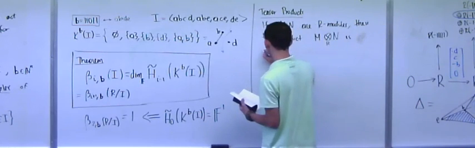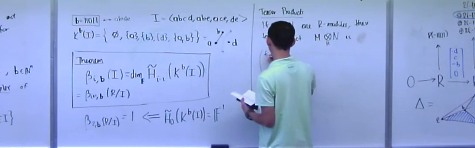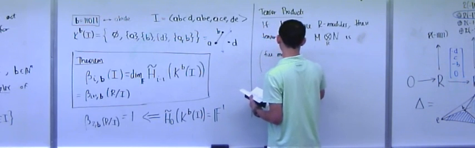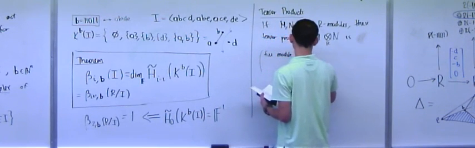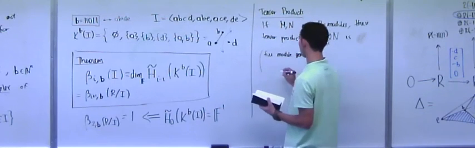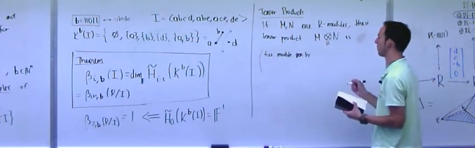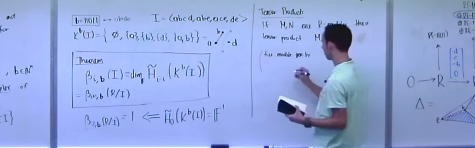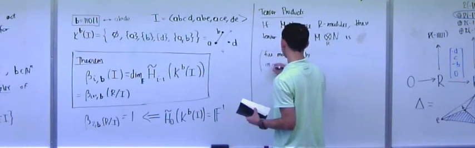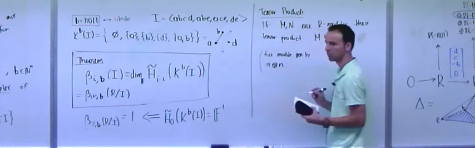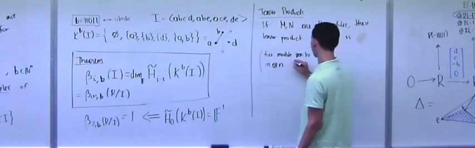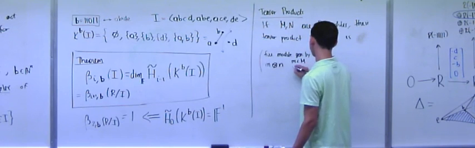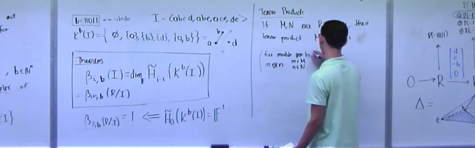So that's what I'm going to do. So first I'll tell you what the generators are. So this is the free module generated by just kind of formal ways of taking an element of the first guy and an element of the second guy. Okay.